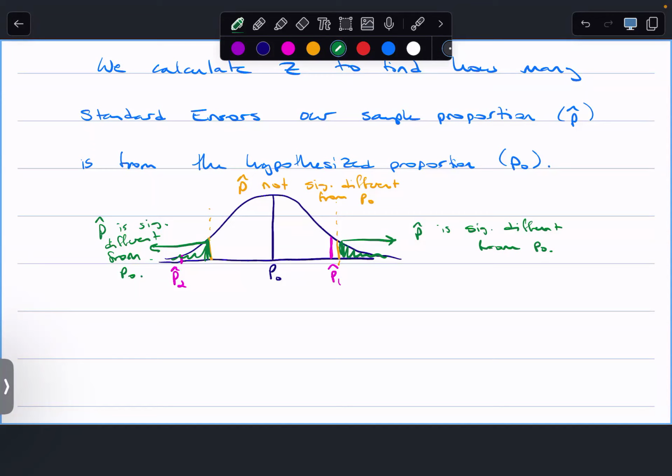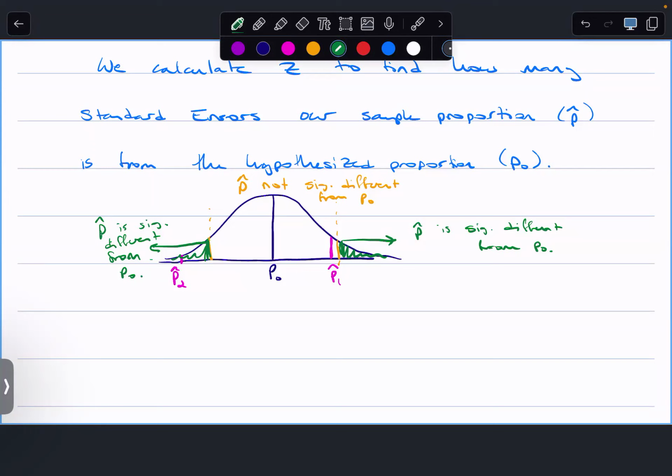Okay. That's going to be the underlying idea of hypothesis testing, is this idea that, okay, at some point, my sample proportion is too far away from my hypothesized proportion to have come from that distribution reasonably.